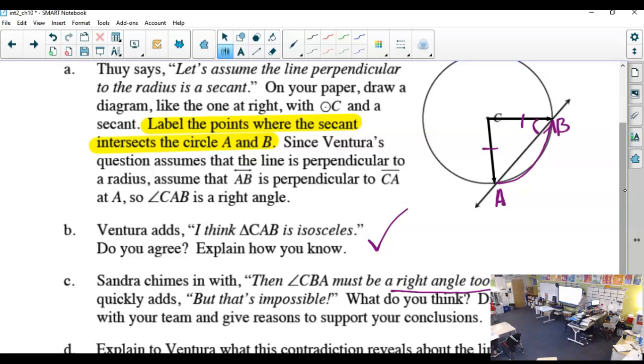What sort of proof starts with, hey, that's wrong? Proof by contradiction. So what we're setting up here with this statement, let's assume the line perpendicular to the radius, what they're talking about here is a line that is perpendicular to a radius. Is that a secant? It's a tangent. So what they're saying right here is wrong.